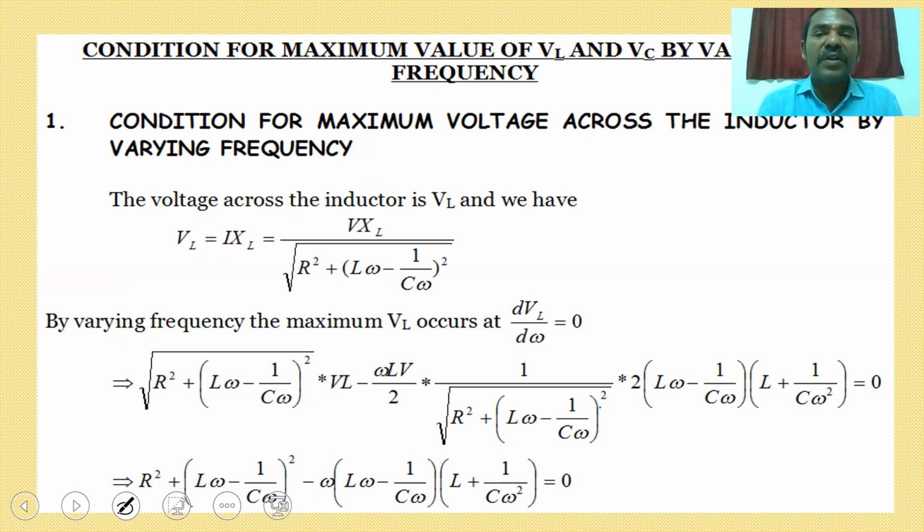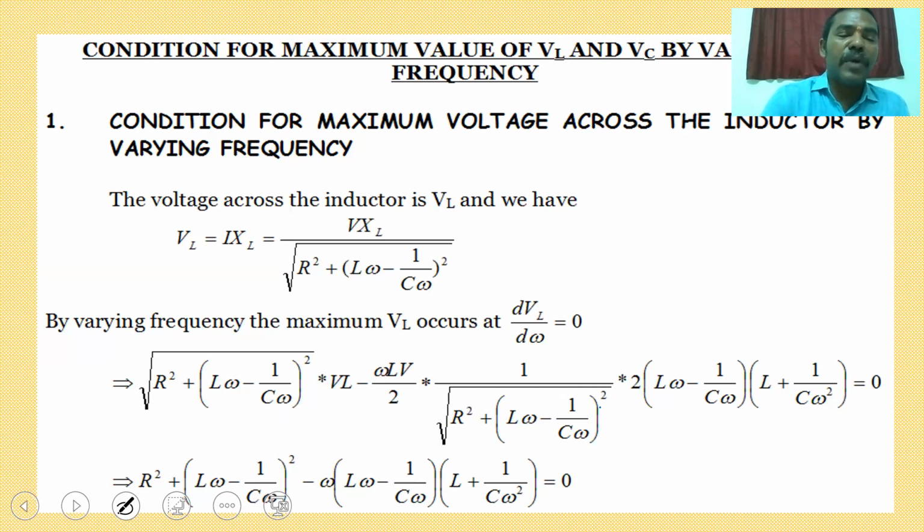That is equal to V into XL divided by root of R square plus (XL minus XC) whole square. So V into XL value L omega divided by root of R square plus (L omega minus 1 by C omega) whole square. So now we are going for the condition for maximum value of voltage when the variation of frequency is there. So dou VL divided by dou omega is equal to 0.